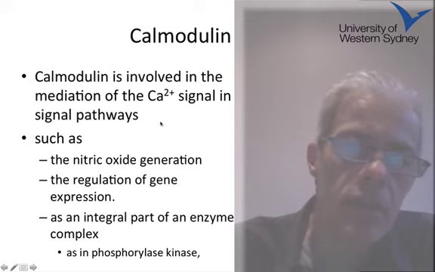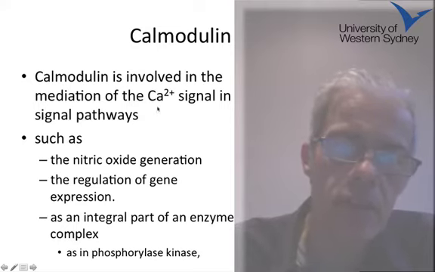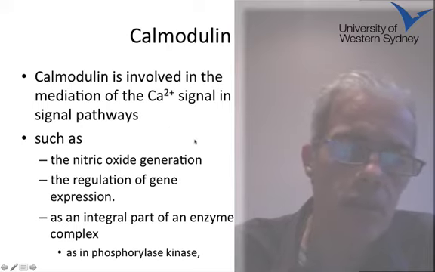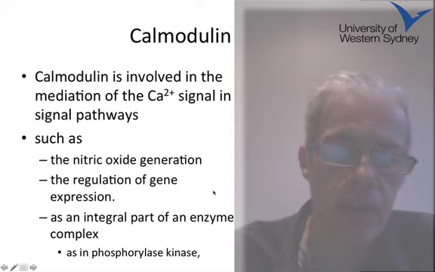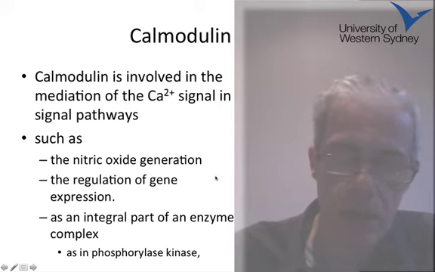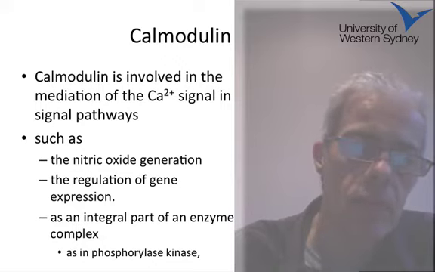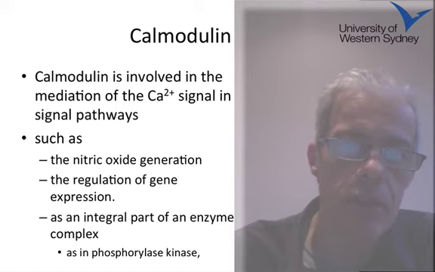So calmodulin is involved in the mediation of the calcium signal in signaling pathways, such as the generation of nitric oxide and gene regulation, and also in the control of phosphorylase kinase. So calmodulin is involved in regulating these proteins.